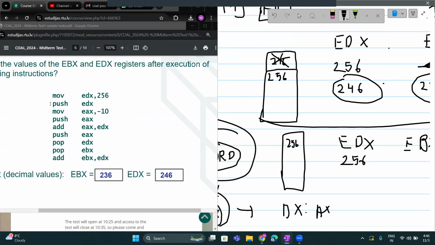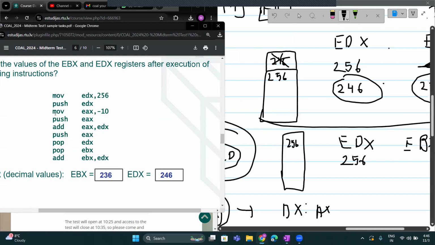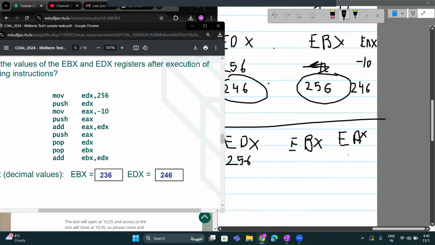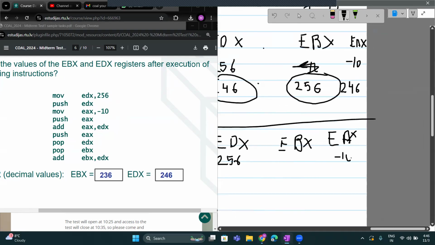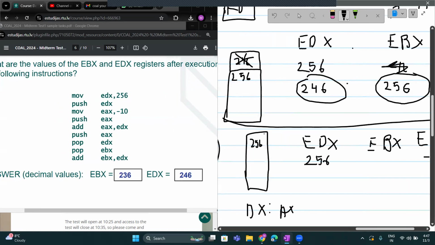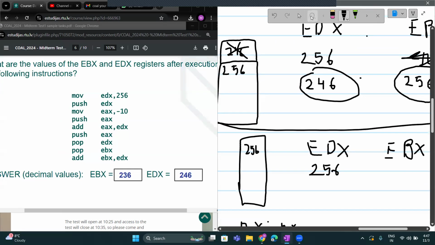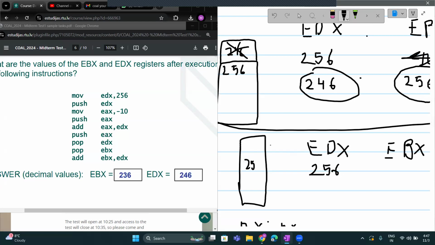And then we move -10 to EAX, and then we push EAX as well. So on top of the stack, now we will have -10. So let's move this down. Now on the top of the stack, we have -10.